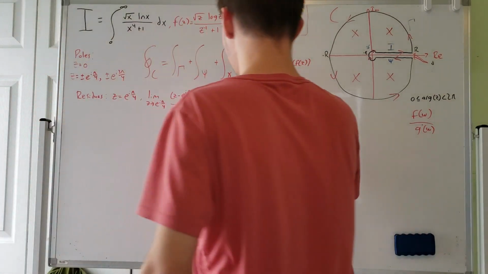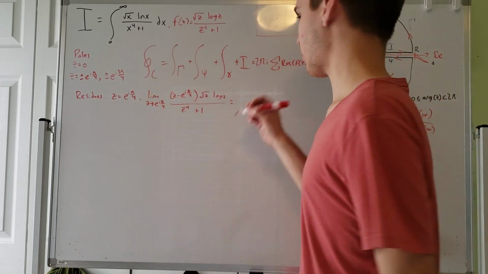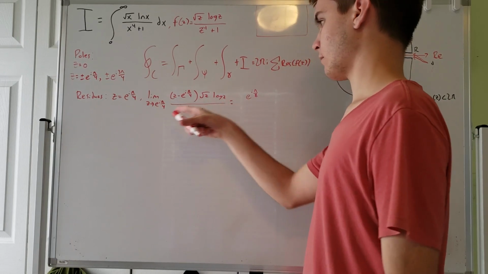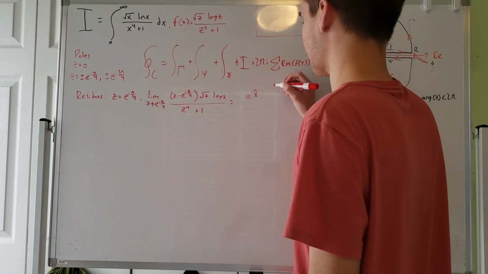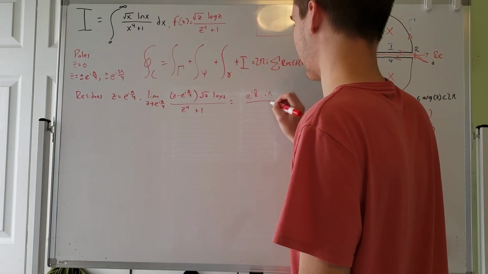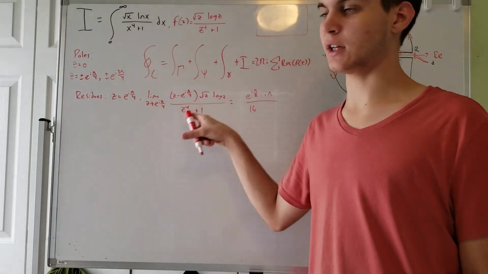Using that, the square root of e to the i pi over 4 is e to the i pi over 8. The log and the e would cancel, which gives us times i pi. I'll bring the 4 to the bottom because we're differentiating, so we're going to have 16. Remember, it's going to be 4z cubed here.